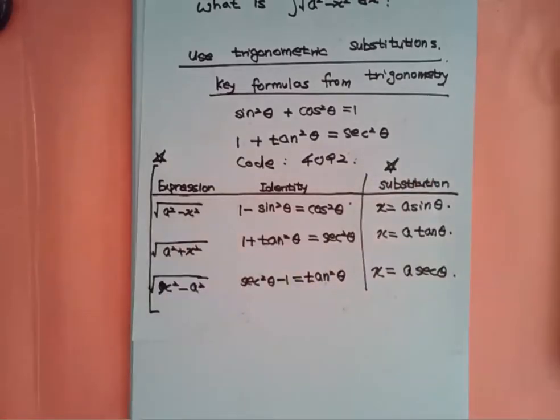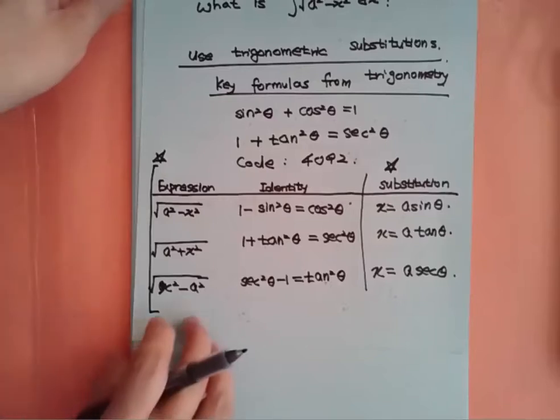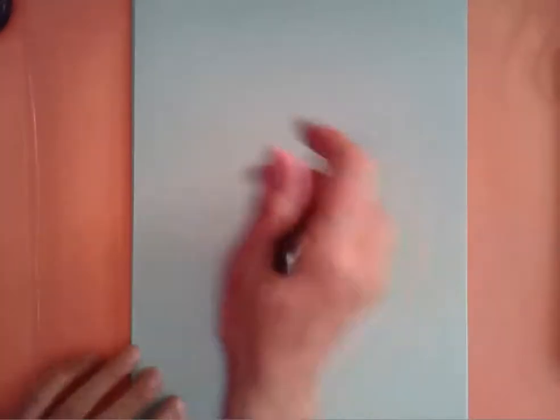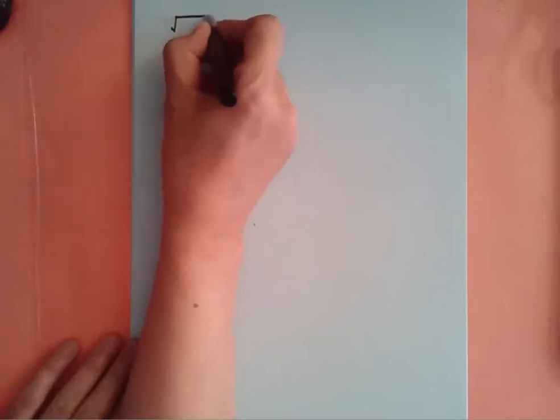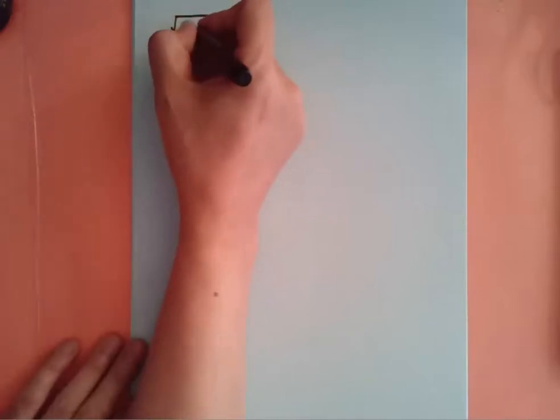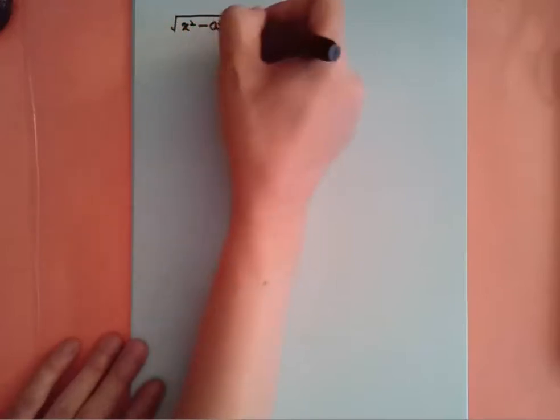If you're confused with the formula, then you cannot start the problem at all. Let's start with the pattern square root of x squared minus a squared.